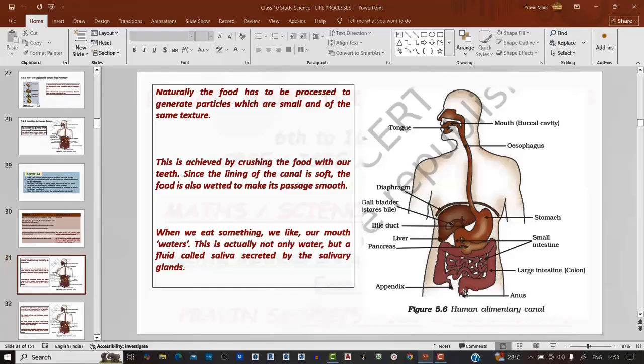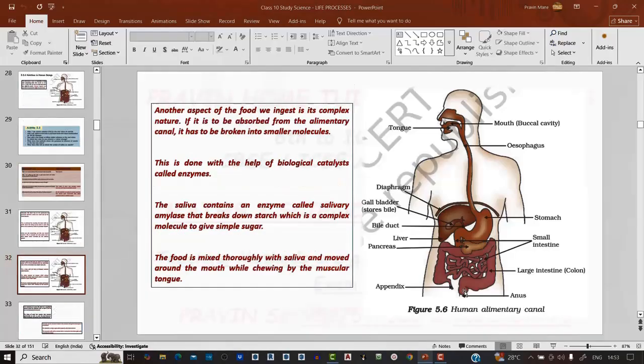As you know, the mouth has salivary glands. The salivary gland secretes saliva, and this saliva is mixed in the food and makes it soft. The food is converted into soft and simpler particles by means of some biological catalysts, that is enzymes.